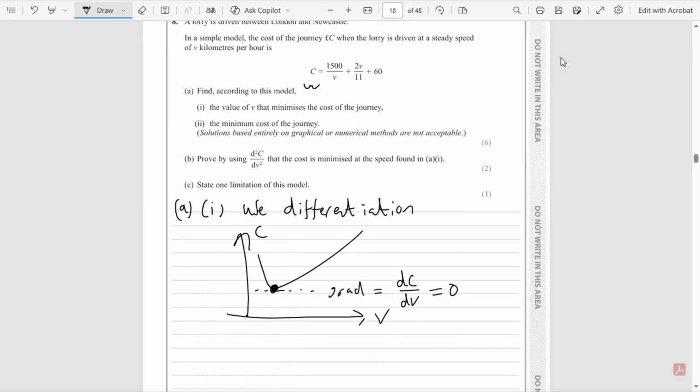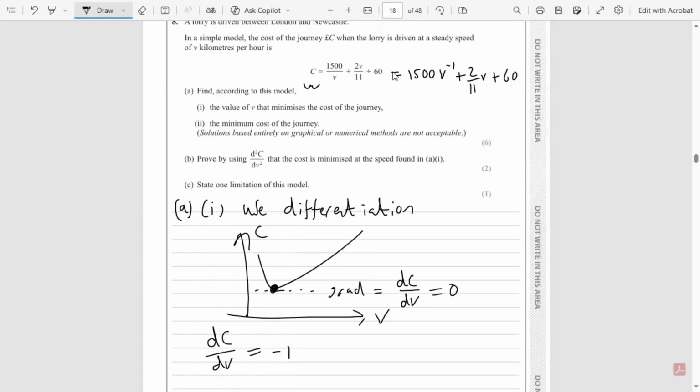So we need to differentiate the curve. It makes sense to write our formula in index form first: 1,500 V to the minus 1 plus 2 over 11 V, plus the constant of 60. Now let's find dC by dV. Using our technique of differentiation, bring the power to the front and take away 1 from the power.